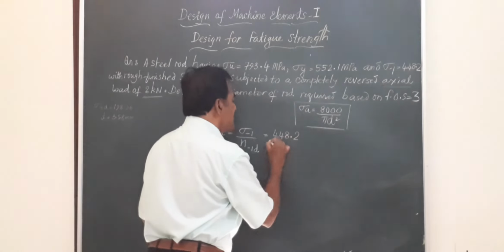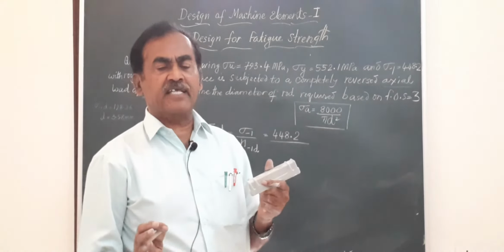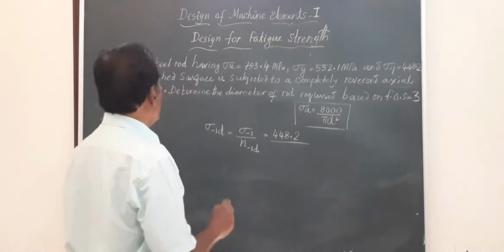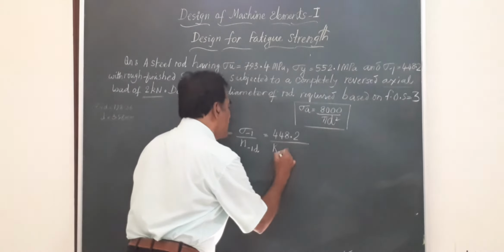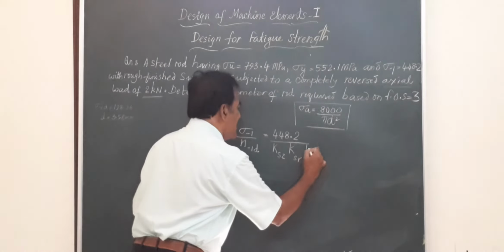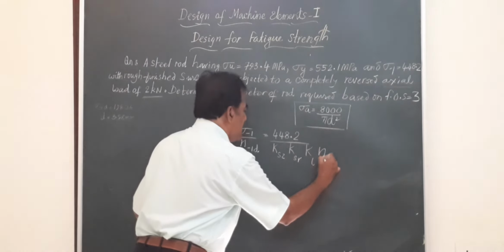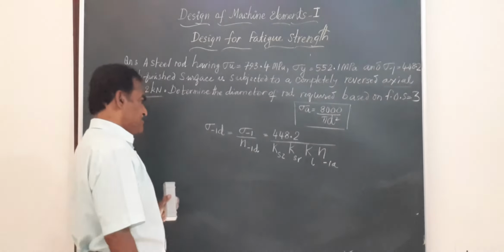448.2. In case this is not given in the question, you can approximately take it as 50% of the sigma u value. N minus 1d, we know it is the product of KSZ, KSR, KL, N minus 1a. This equation is given in the data handbook.